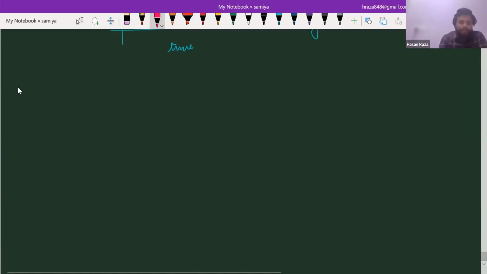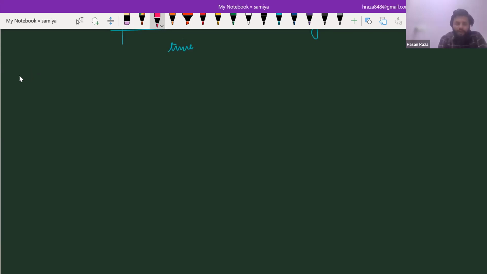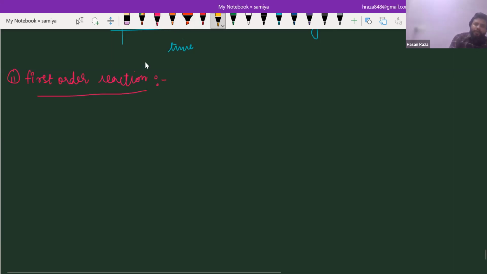Now see, now we are going for first order reaction. We just did zero order reaction, right? Now the next point is first order reaction. See, in a first order reaction, this is the reactant that is converting into product.